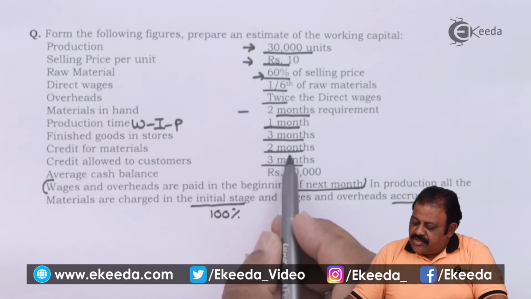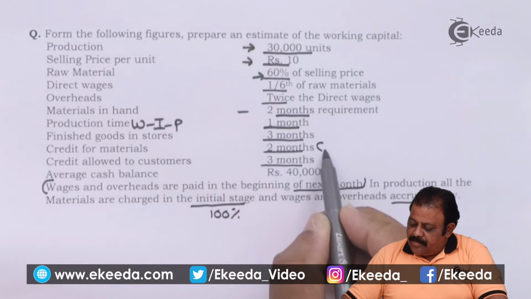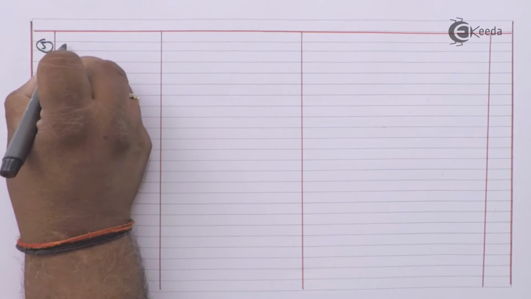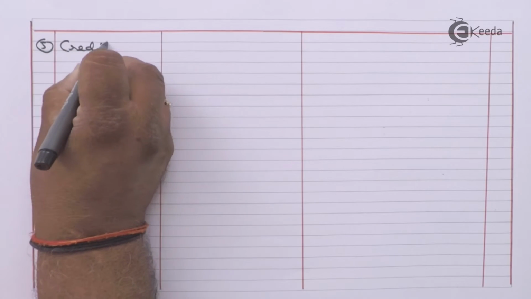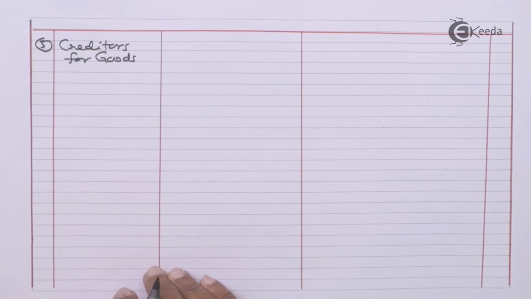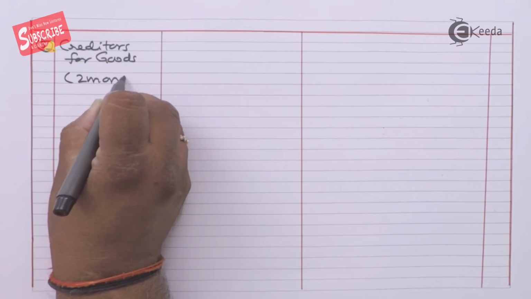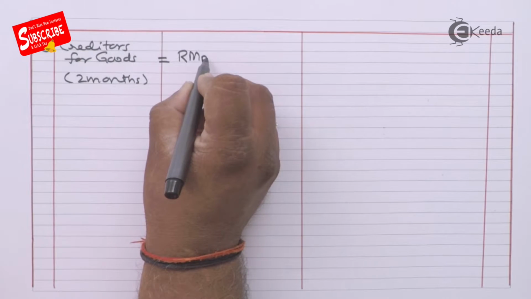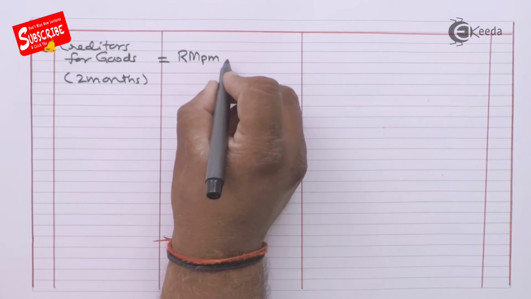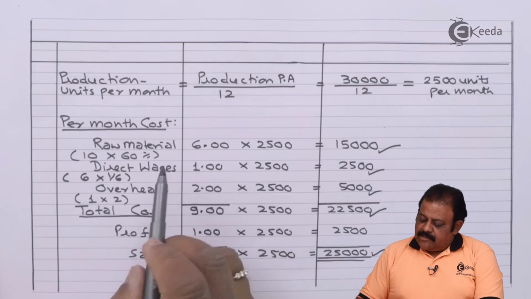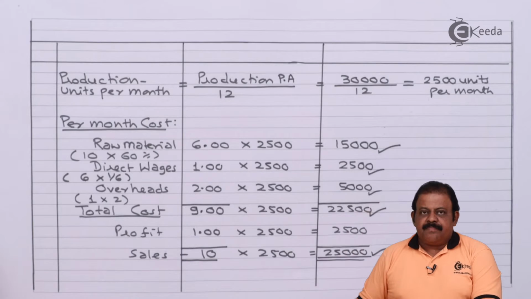Credit for materials 2 months. This is information for current liabilities. Raw materials per month 15,000.